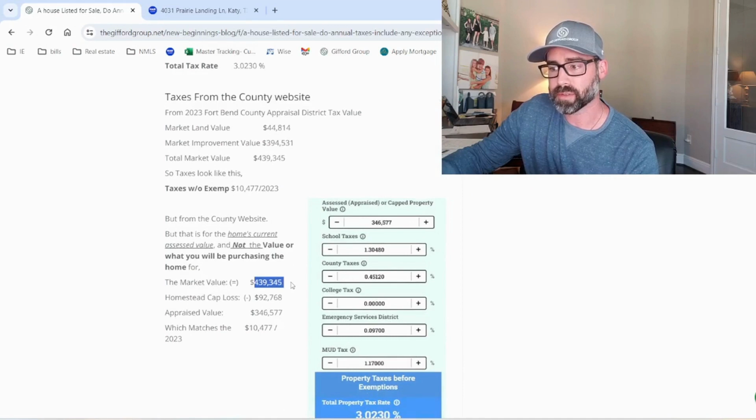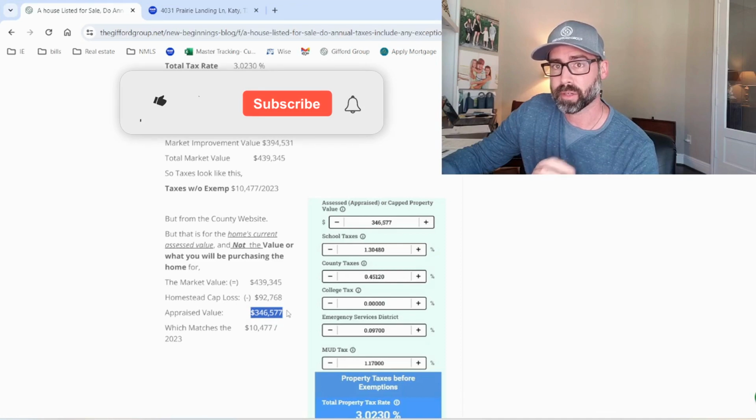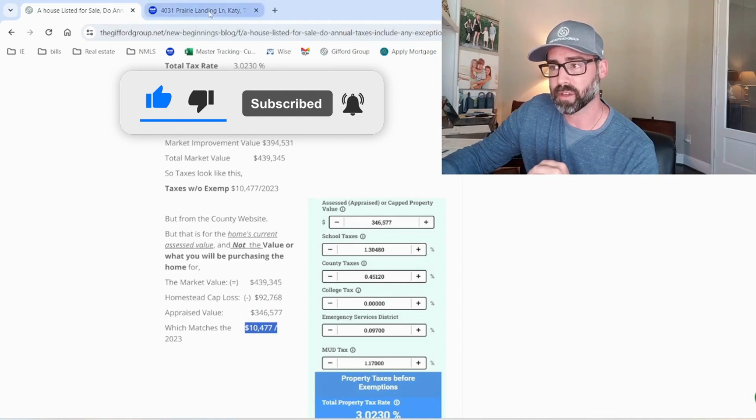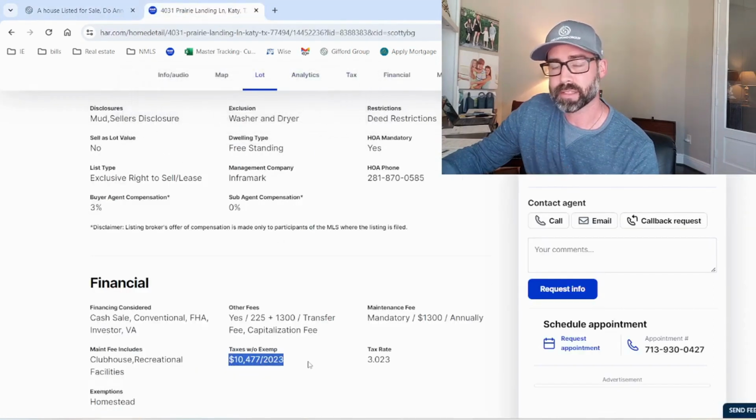So in this example, the market value is this, but there's a homestead cap loss of $92,000, so the appraised value they're actually paying taxes on is $346,000. That equals the $10,477 you see that matches on HAR right here. Is that $10,477 what we're going to owe in taxes for buying this home?